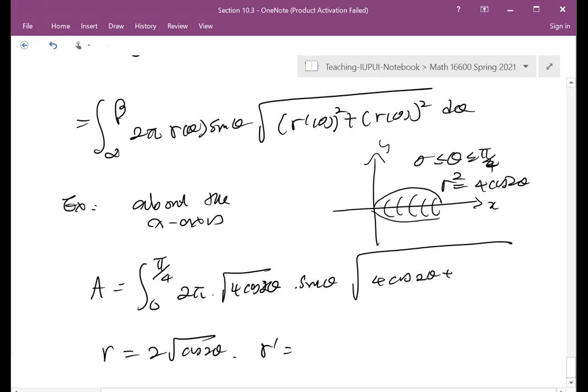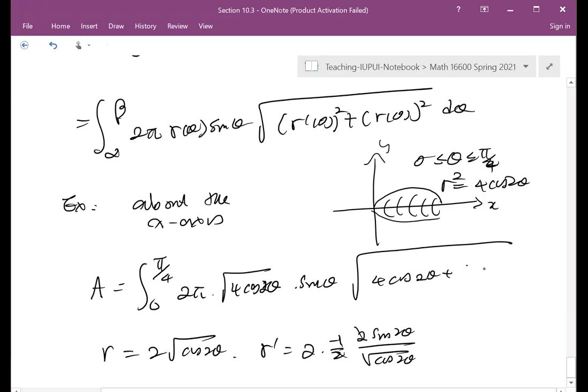So r prime is going to be 2 times 1/2 times 1 over the square root of cosine 2 theta, and then you differentiate inside, which gives negative 2 sine 2 theta. The 2s cancel out.